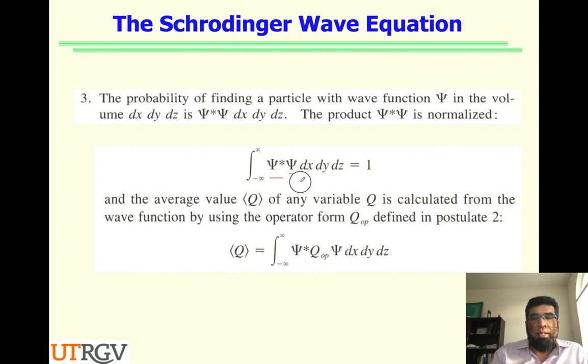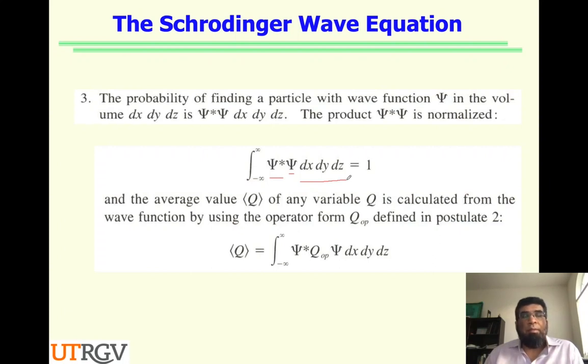And then we are summing them over the small volume dx dy dz, and the total of that probability is 1.